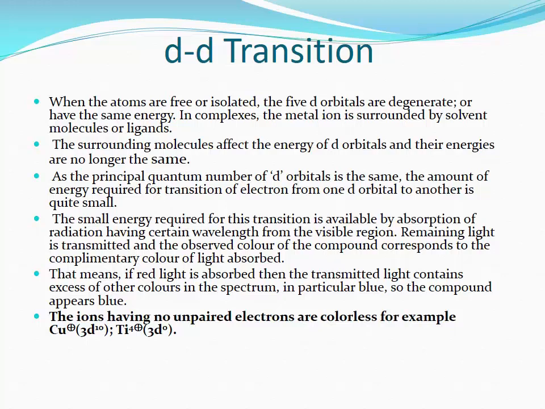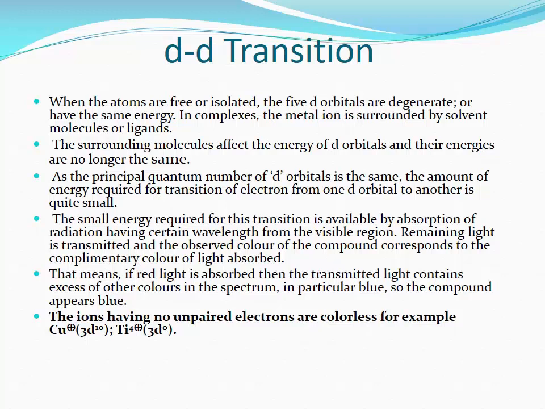But when these atoms form complexes or compounds, the surrounding molecules or ions affect the energy of the d orbitals, and thus the degenerate 5 d orbitals get split into two energy levels.